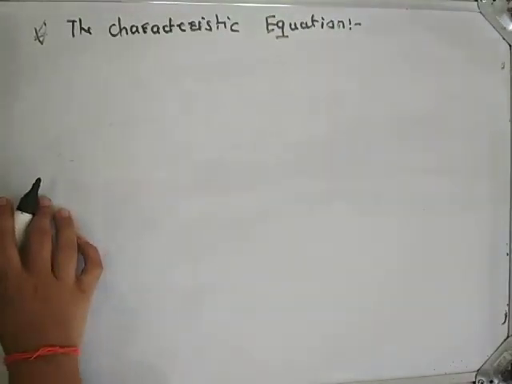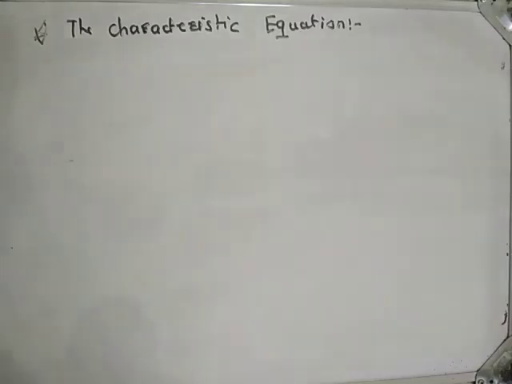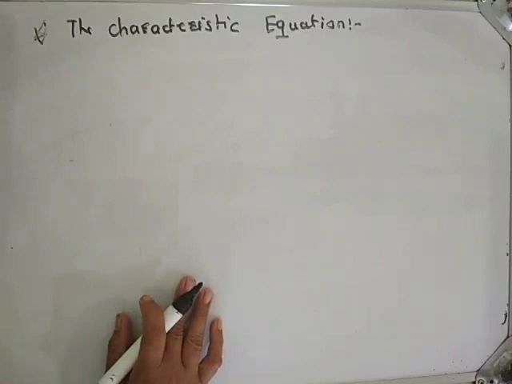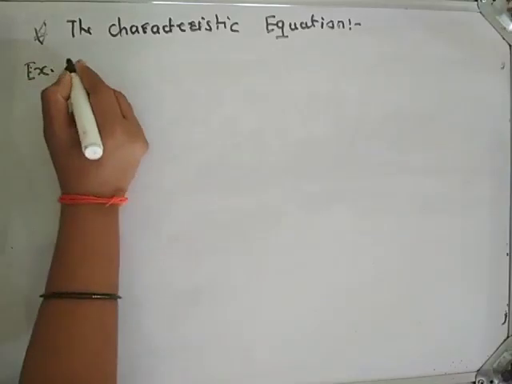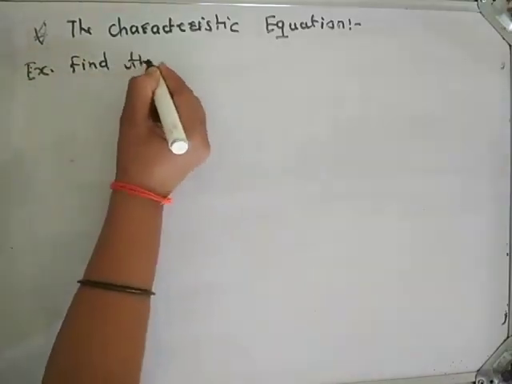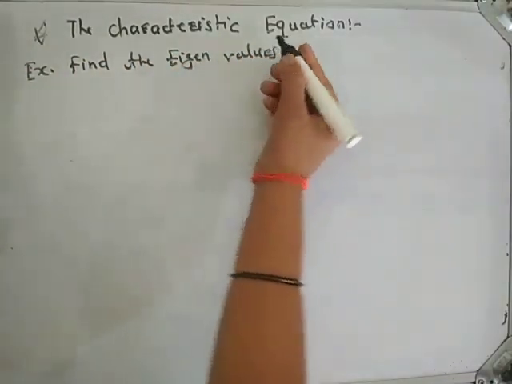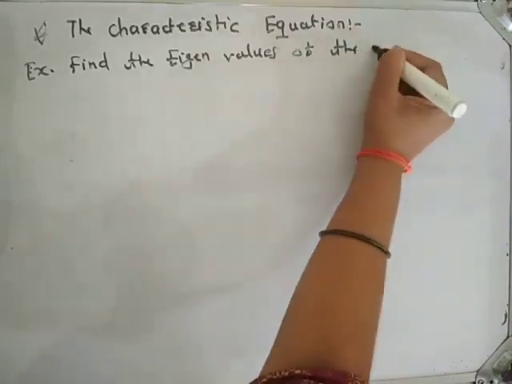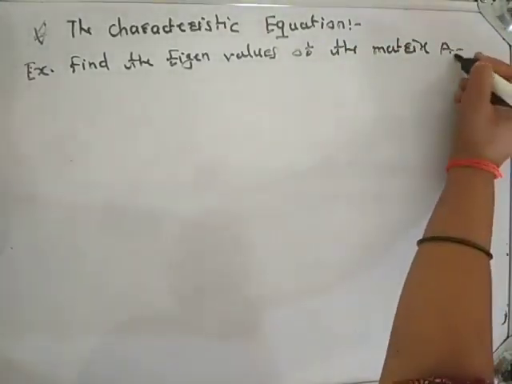In this section, we discuss the method of finding eigenvalues of a matrix A. This is done by forming a special scalar equation called the characteristic equation of A. We illustrate the method with the help of examples. First example is: find the eigenvalue of the matrix A.